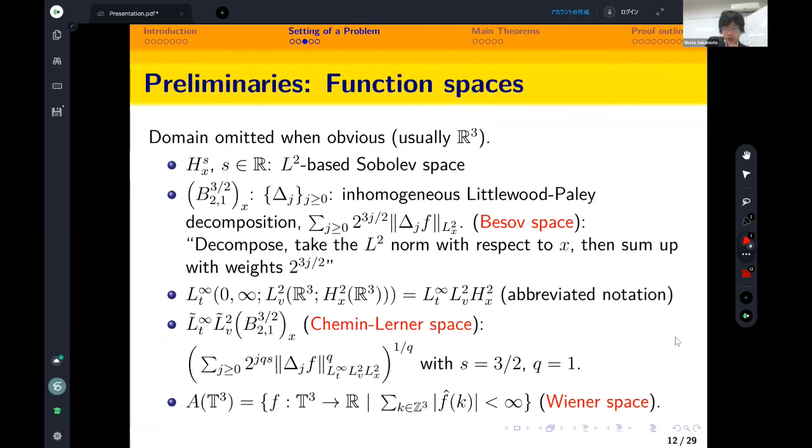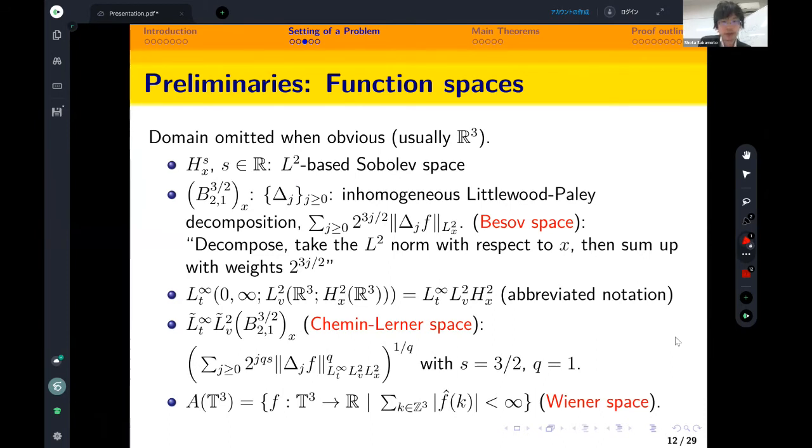Before going into the introduction of prior results, we have to remind some function spaces. I believe some of you, or maybe most of you, are familiar with these spaces, but allow me to remind once again. First, H^s for s real is the L2-based Sobolev space.